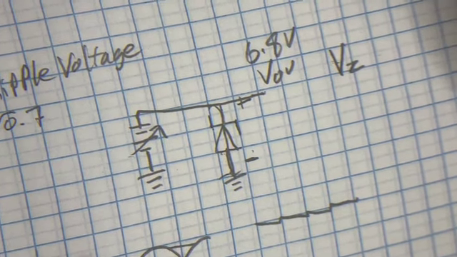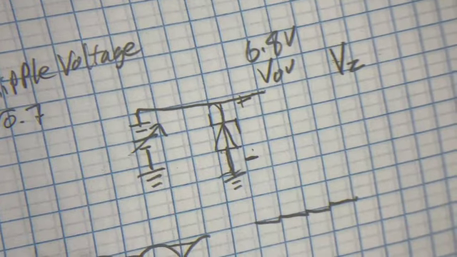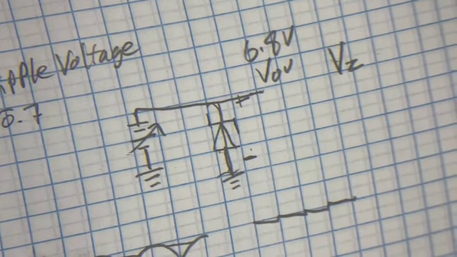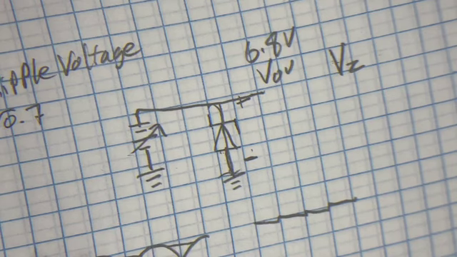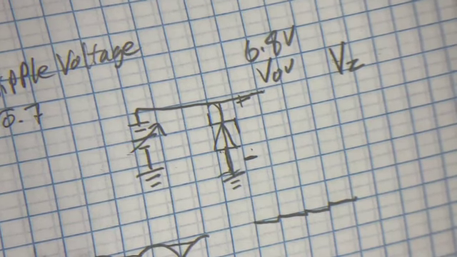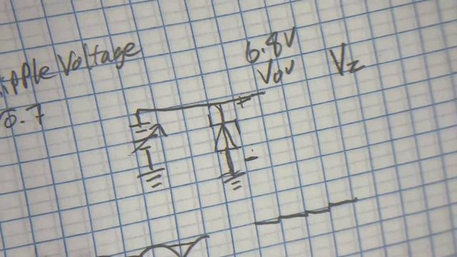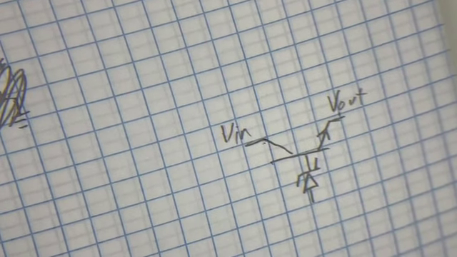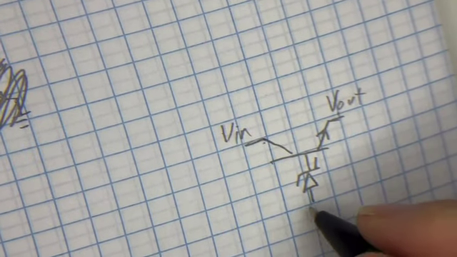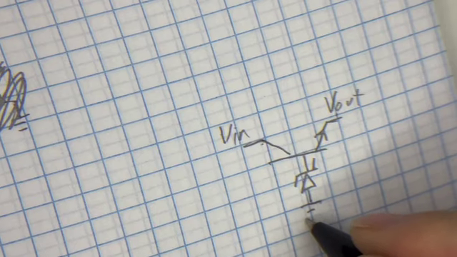So we have our Vin and our Vout, and that's what you're going to get. Right there, there's a positive voltage regulator, just like that. There's our ground as well.